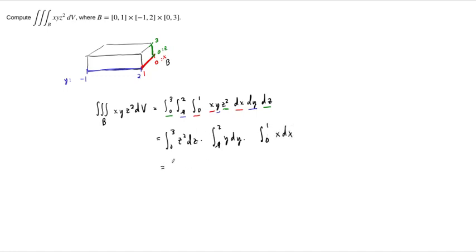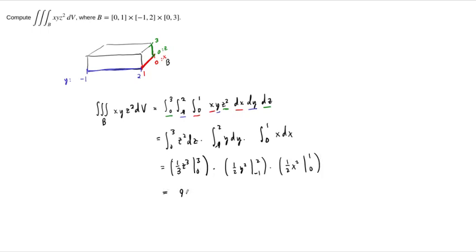And of course, doing each one individually, this becomes 1/3 z cubed, as z goes from 0 to 3, times 1/2 y squared, as y goes from -1 to 2, times 1/2 x squared, as x goes from 0 to 1, and we just plug all these in.